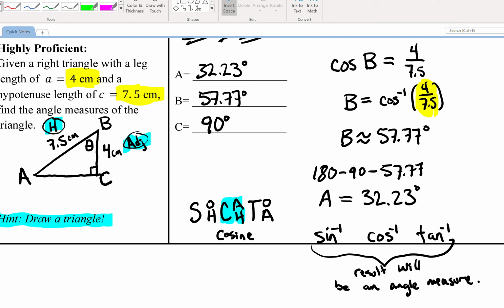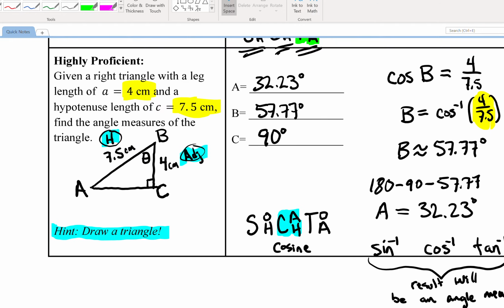All right. En español. Ahora, dice, given a right triangle, dado un triángulo rectángulo, with a leg length, con un longitud del cateto of A equals 4 centimeters, de A igual a 4 centímetros, and a hypotenuse length y una longitud de hipotenusa of C equals 7.5 centimeters, de C igual a 7.5 centímetros.